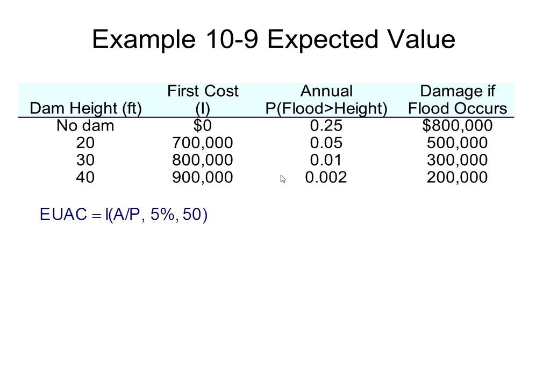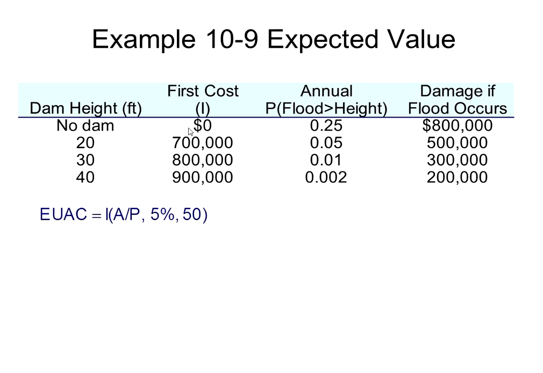So now we can find the equivalent uniform annual cost, and simply by multiplying the initial cost by a factor A given P, and we expect the dam to last 50 years, and we use the minimum attractive rate of return of 5%. So we use interest rate of 5%. So that gives us the equivalent uniform annual cost based on the first cost.